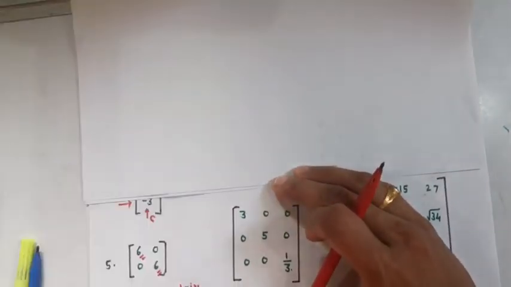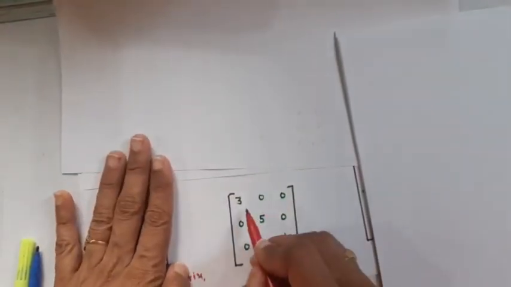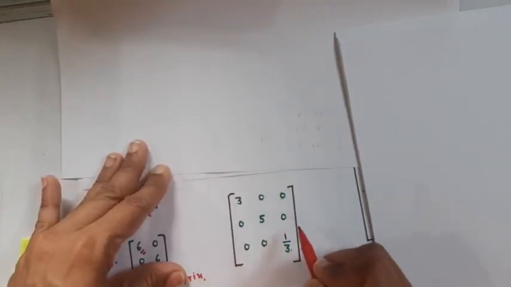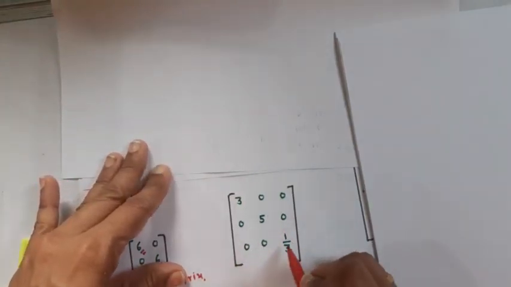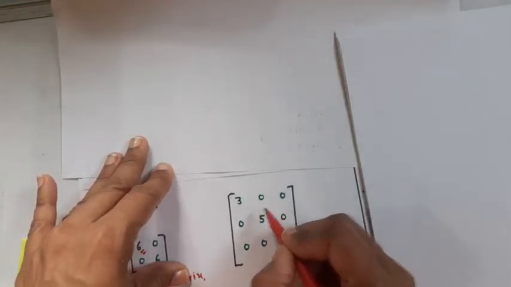Now the next matrix. Suppose this is the matrix 3 0 0, 0 5 0, 0 0 1/3. Here the non-diagonal elements are 0.